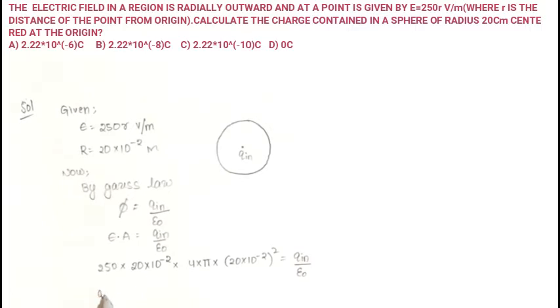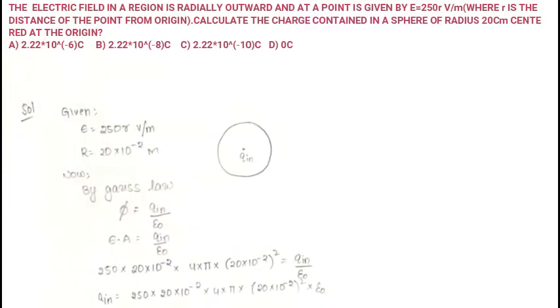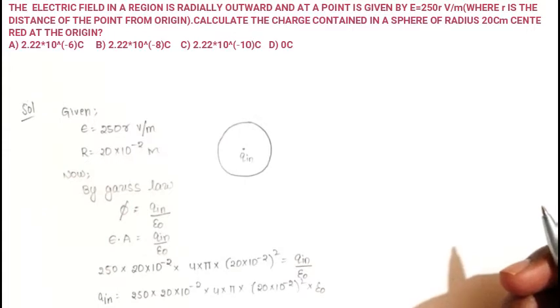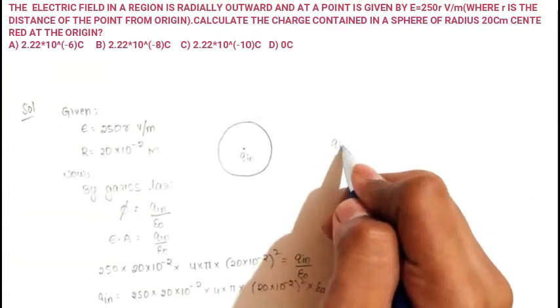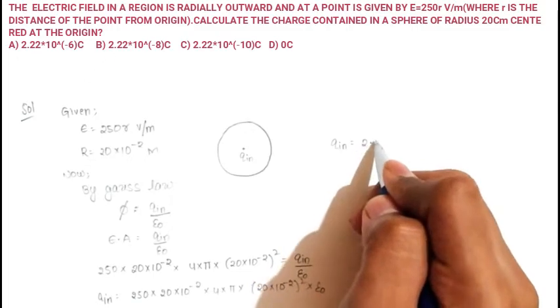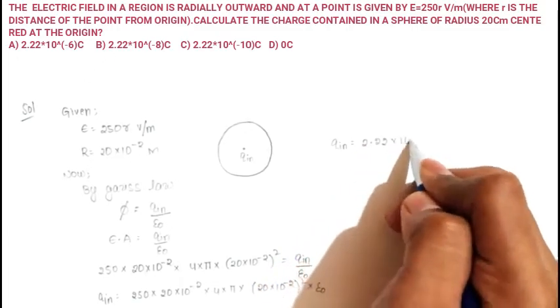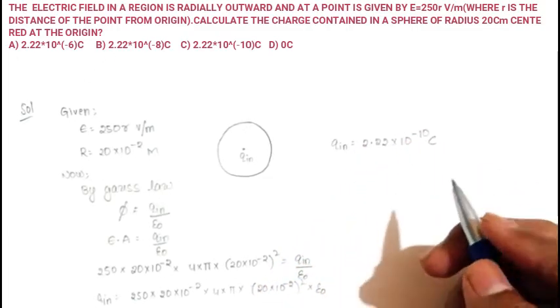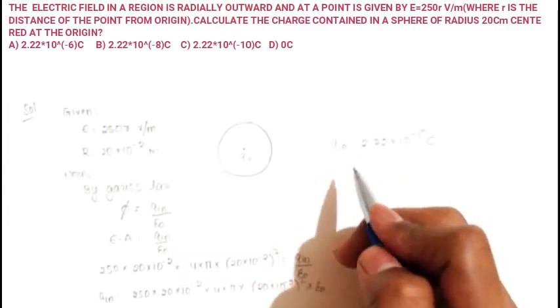Now Q in is equal to 250 into 20 into 10 power minus 2 into 4 into pi into 20 into 10 power minus 2 whole square into epsilon naught. Now when we see the values of all these, Q in comes out to be 2.22 into 10 power minus 10 coulombs. So our option is C.